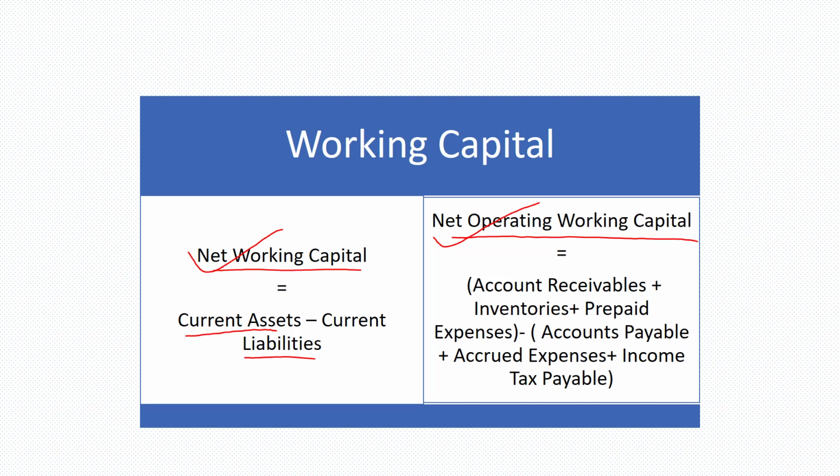And remember, when you compute net operating working capital, it does not include cash and marketable securities in the current assets, and it does not include short-term debt and the current portion of long-term debt in computing current liabilities. And this net operating working capital concept is very important when we want to compute the value of the company.